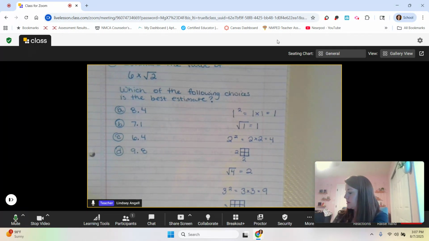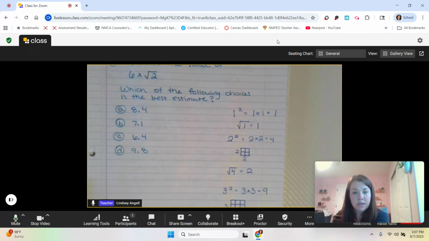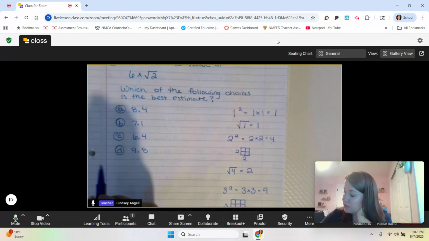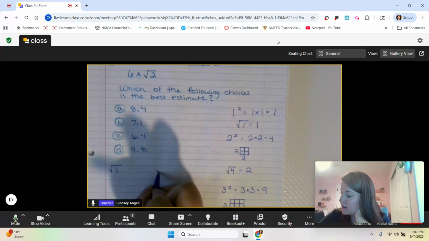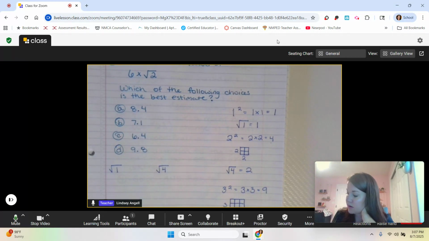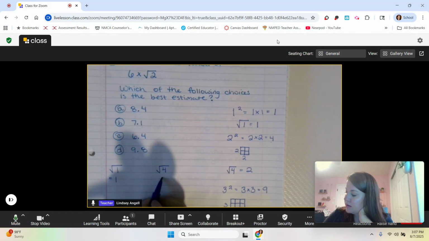Okay? Oops, I'm drawing on my desk. So there is information about estimating square roots in your lesson, so make sure you pay attention to that. With this one, the 2 perfect squares right around it are going to be the square root of 1 and the square root of 4, right, because that's 1.